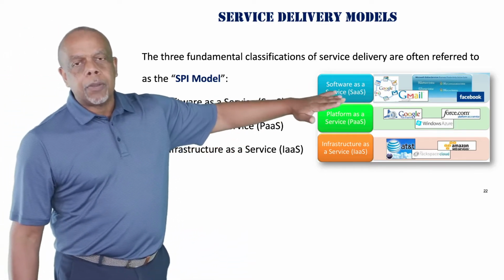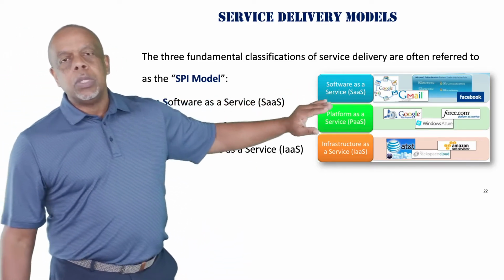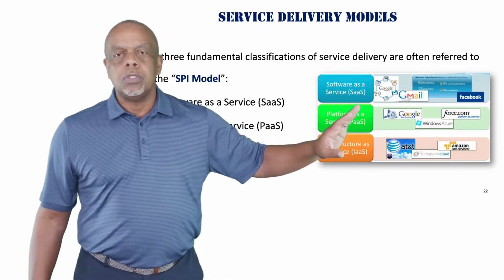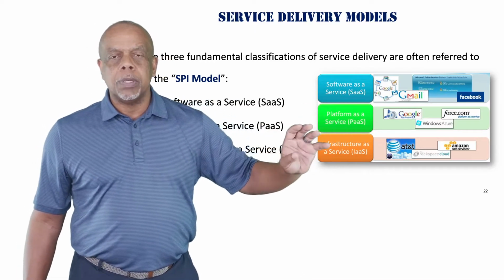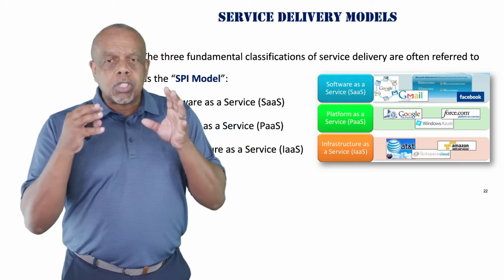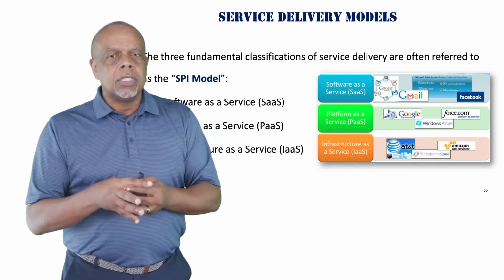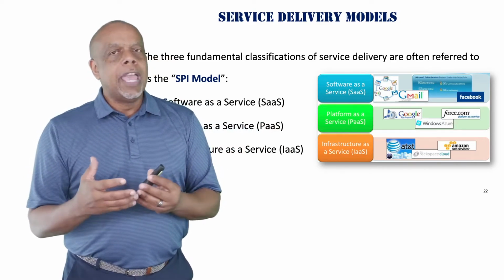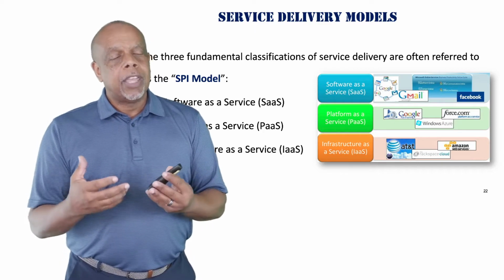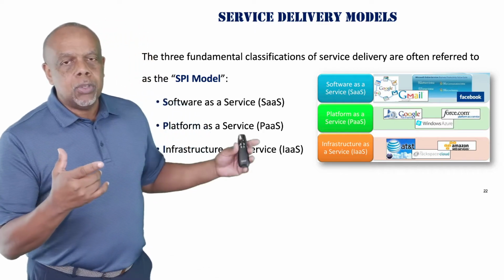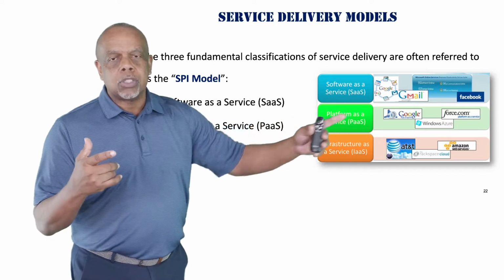Now, many of us are probably familiar with software as a service because we use a lot of these things every day. If you use Google, you use Gmail, Facebook, all of these things are software as a service. And what it means, you don't own it. You don't have to own anything. All you have to do is have access to the internet, and you can enjoy using that service, right?